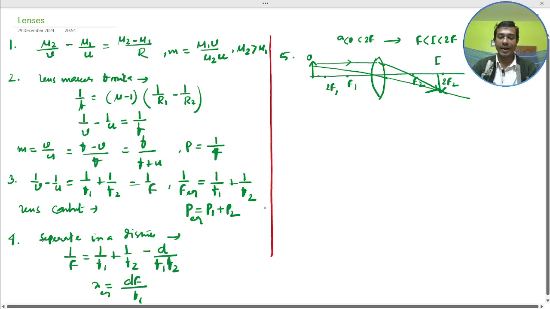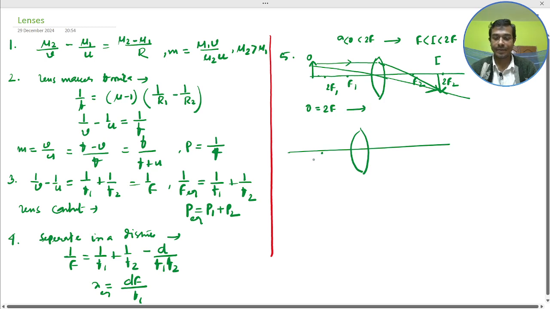Next one, at 2f. So the object O is at 2f. Here is the lens, this is f and this is 2f, so here would be the image I, and here would be the object O. This is f1 and f2.